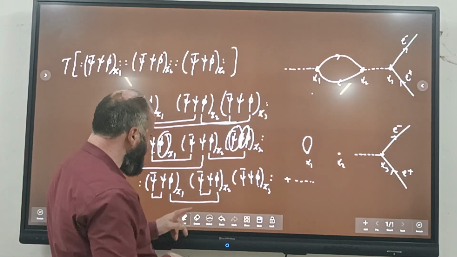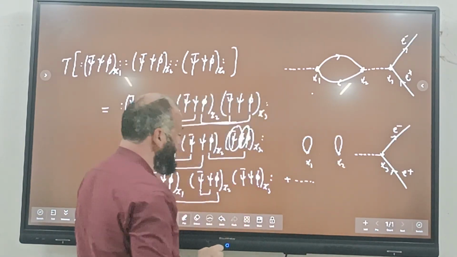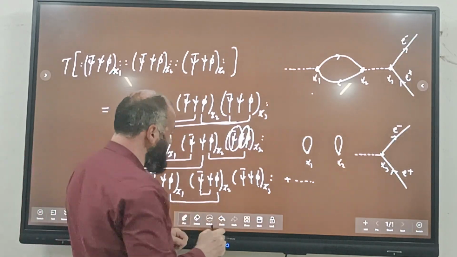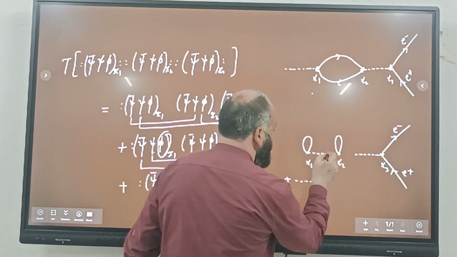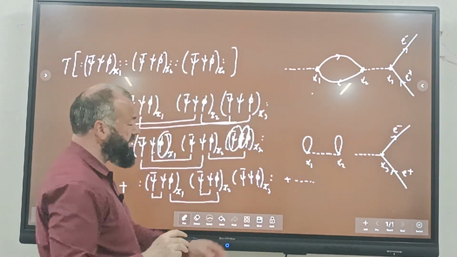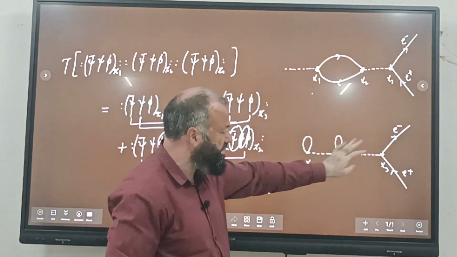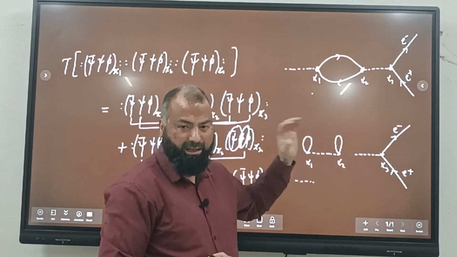Similarly you have it here. Then there is a contraction between x1 and x2. So you see this is actually a disconnected diagram. This part is not connected with the rest, and they do not actually contribute to the calculations.